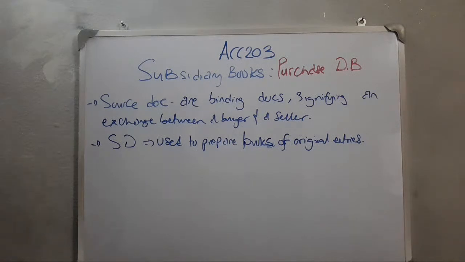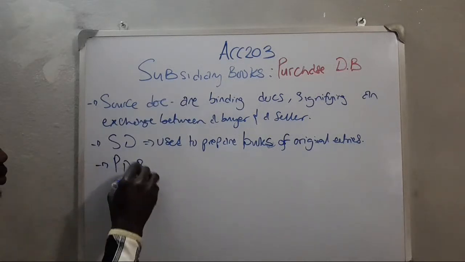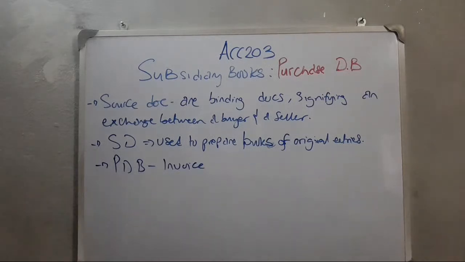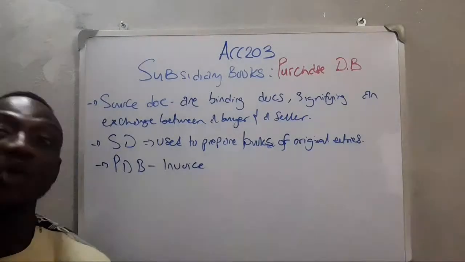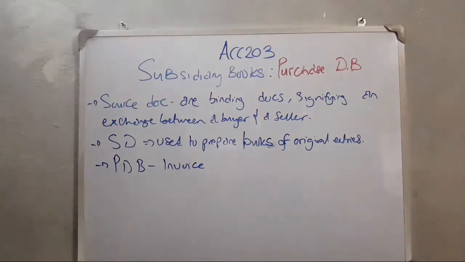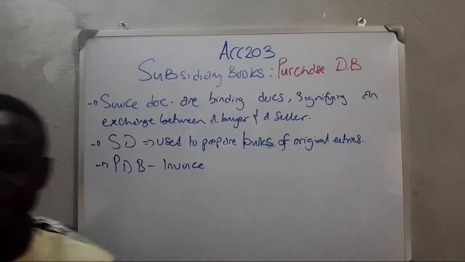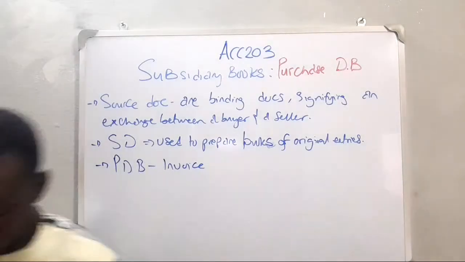Now, purchase day book is a subsidiary book of accounts used to record. I made reference to what I call invoice, and let's not forget we discussed this already: invoices are originally used to record goods or services given or sold on credit.